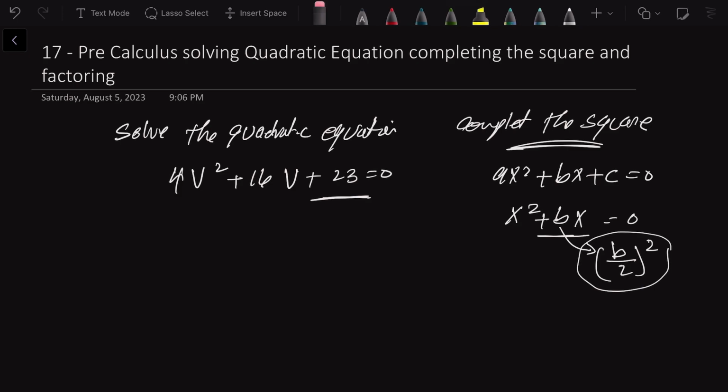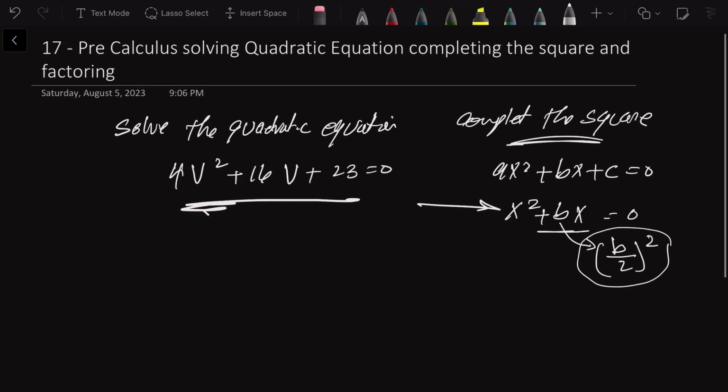Okay, so first we have to try to make this equation look like that. So the first thing we do here, we're gonna divide by 4.